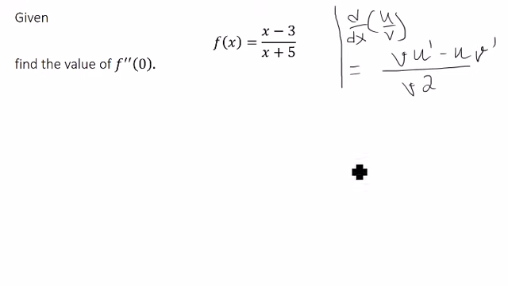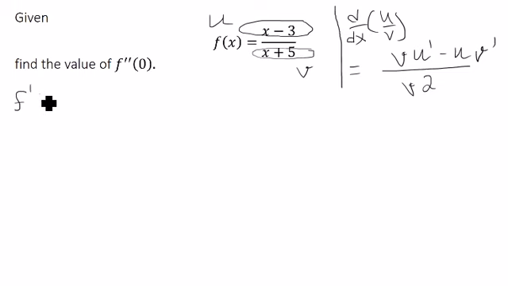Okay. So in our case here, the top is u, and the bottom is v. So we're going to find the second derivative, and that can be found after finding the first derivative. So let's find the first derivative. Now, you're not finding f prime of 0 directly.